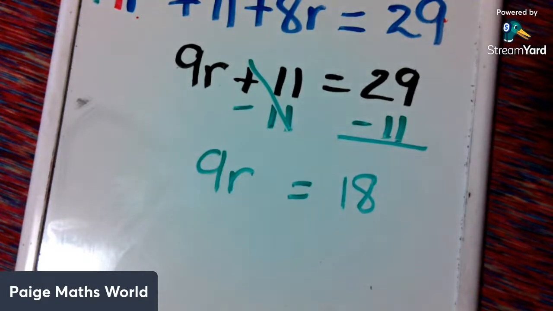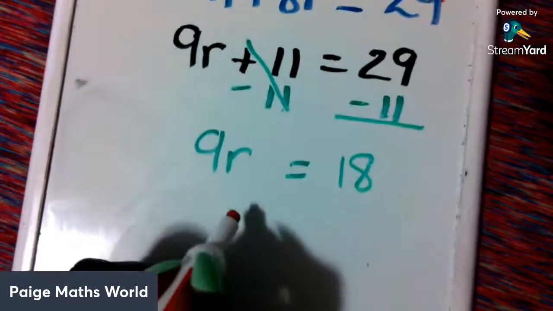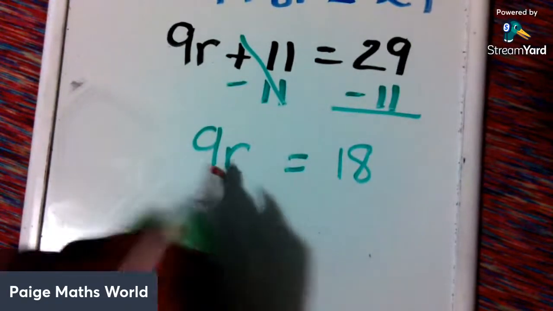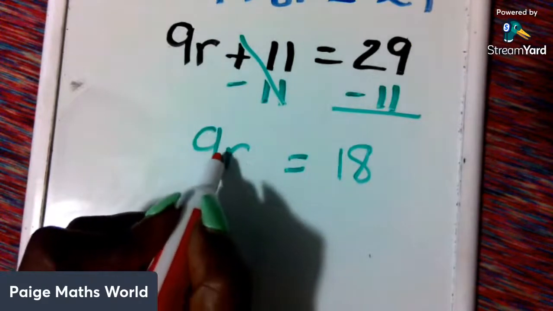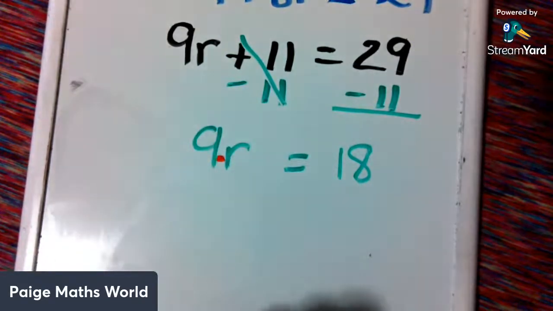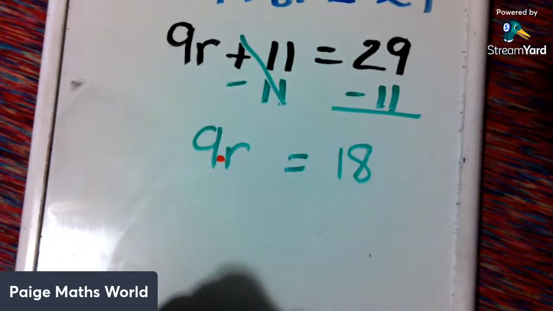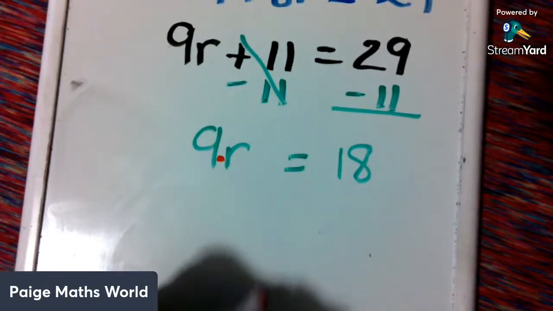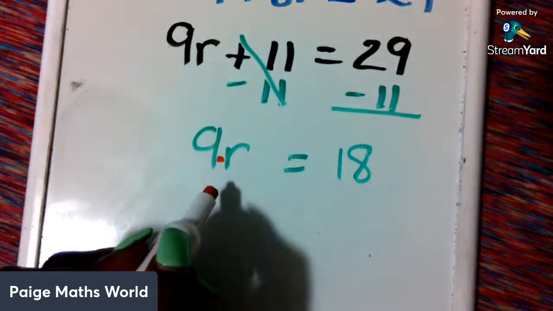Thank you, JD. Yes, ma'am. All right. So the second thing is, always remember we need the variable, and the variable is r in this case. So r is being multiplied by 9. So let me put my multiplication sign there. R is being multiplied by 9. And so we need to get rid of a multiplication.